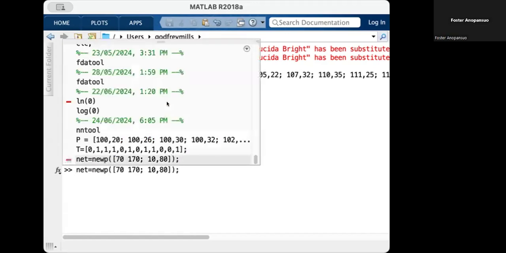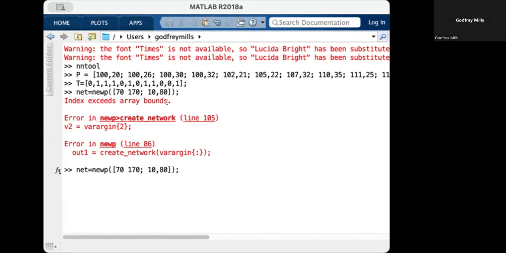It's telling me this one is input newp. Okay, sorry, I have to just put one range. Okay. So now view, just look at what will happen.